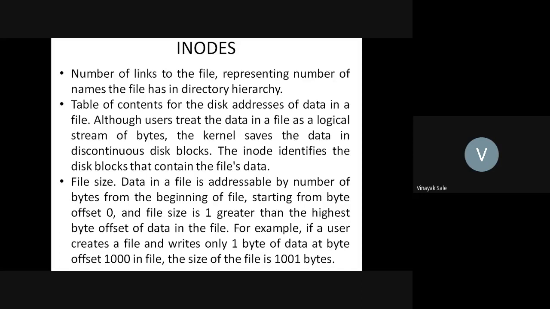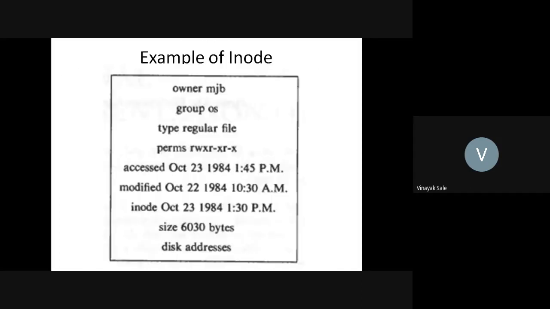The file size is one greater than the highest byte offset in the file. For example, if a user creates a file and writes only one byte of data at byte offset 1000, the size of the file is 1001 bytes, because it starts from 0.